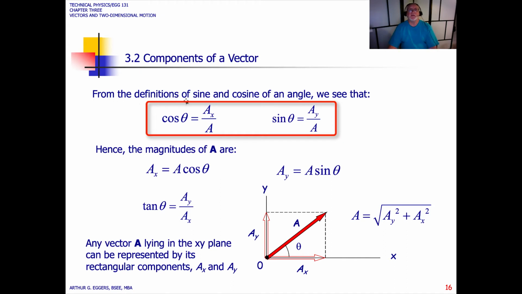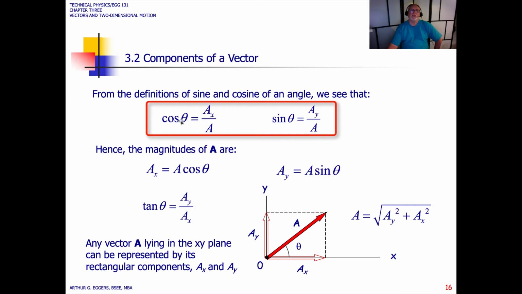Also, from the definitions of the sine and the cosine of the angle, we can see that by definition, the cosine of theta is equal to the side a sub x over A, the hypotenuse, and the sine of theta is a sub y over A. Some of you may remember the mnemonic SOHCAHTOA: sine, cosine, and tangent.